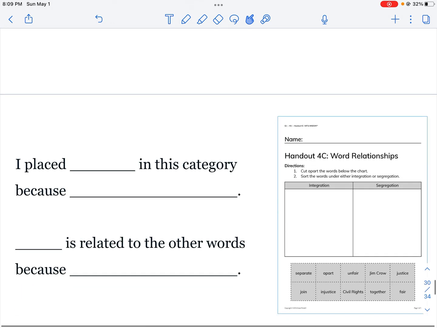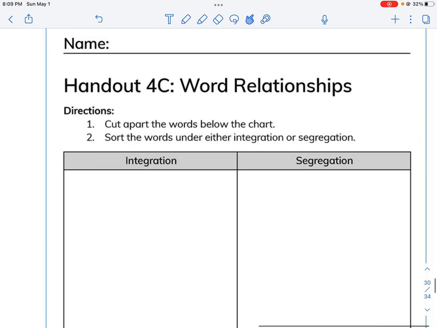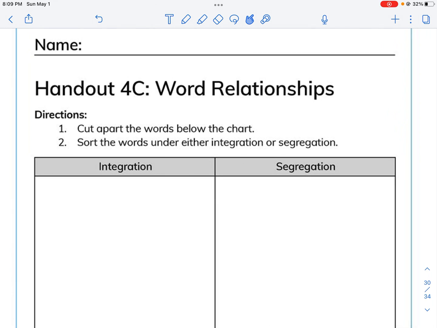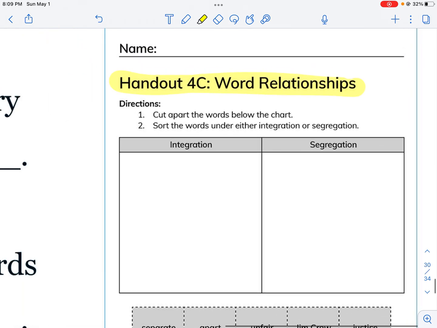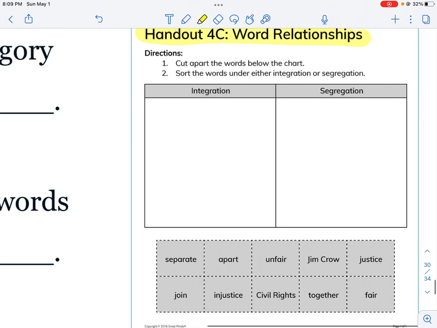You need your blue book now, open to handout 4C, word relationships. The directions do say to cut apart the words below the chart, or you can just write the words into the two sections if you don't want to cut them out into little pieces.